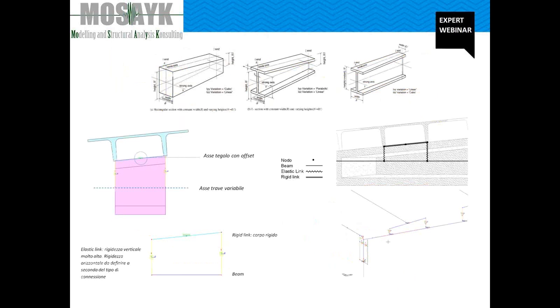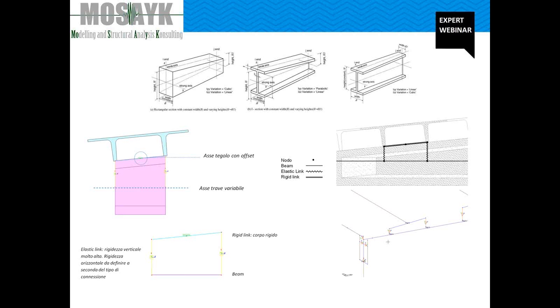If we have an inclined beam, we have to put the double T roof at the top of the beam in the right position using end offset, using rigid link, or, if we need, using elastic link if the support requires it.